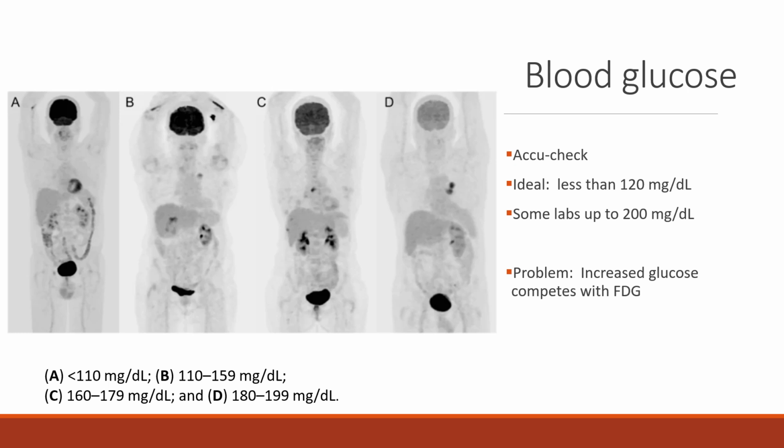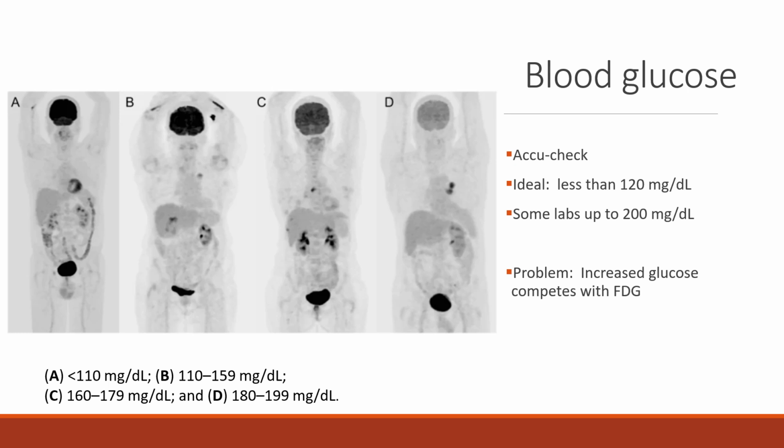You don't see near as much activity in their soft tissue and organs as what you would expect. And you notice the FDG uptake, especially in the brain, was markedly reduced. And you also don't see a lot of difference in the liver or the lungs, but you do see less tumor activity.